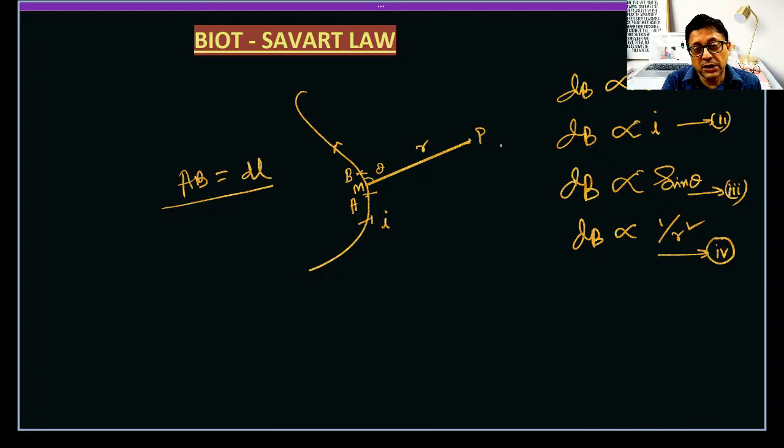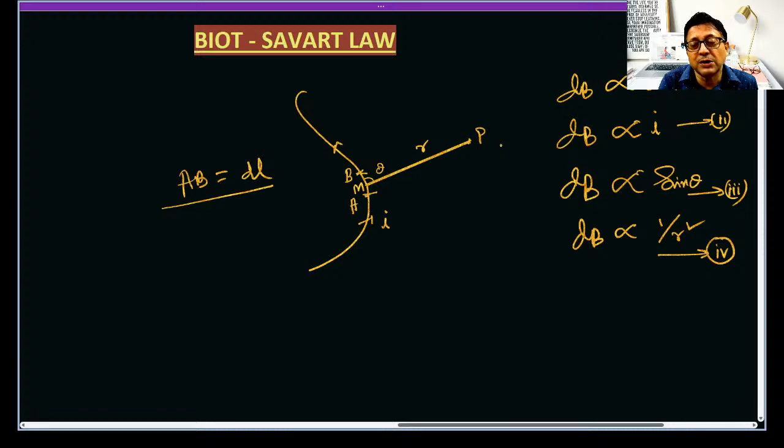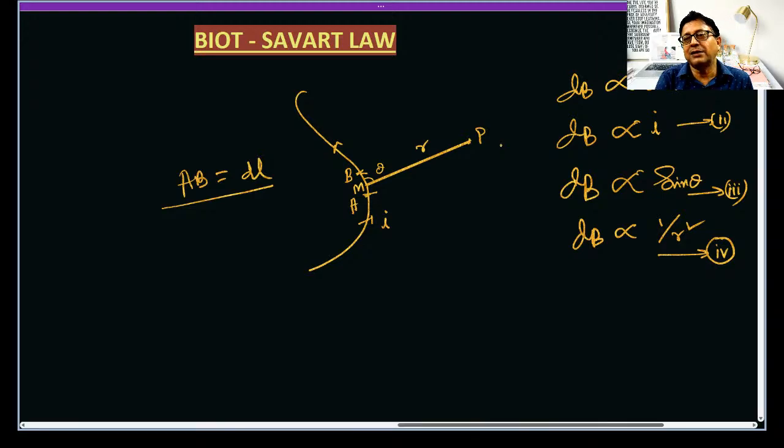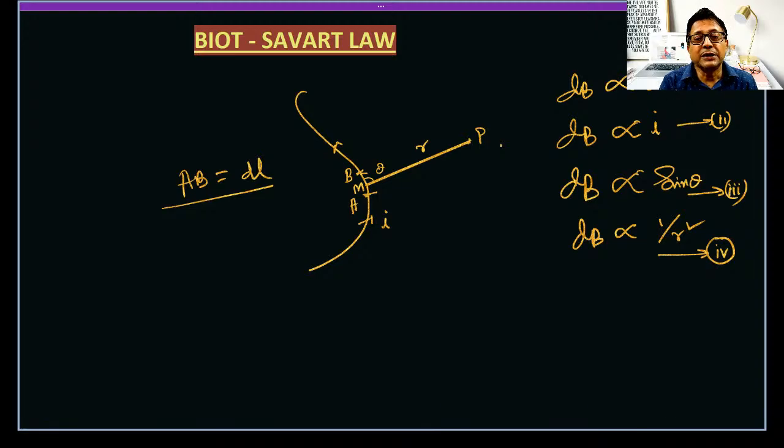It is found that due to this small current element at a distance r from the midpoint of the current element, the field is directly proportional to length. Greater the length, greater is the magnetic field. So if you consider the whole wire, the magnetic field will be more at the point P, and it depends on current.